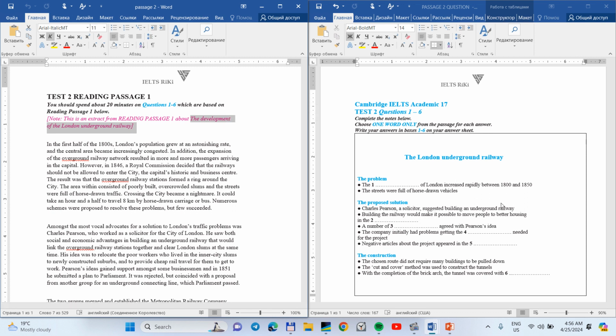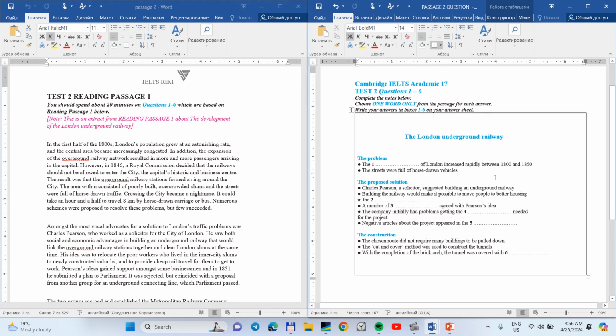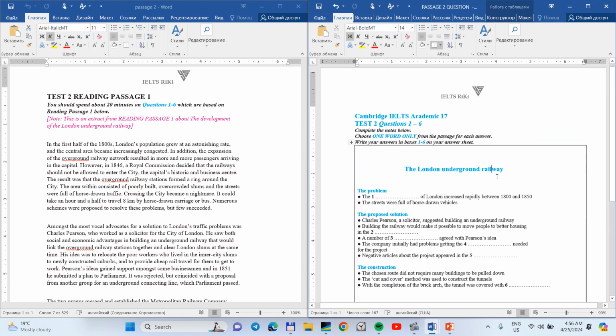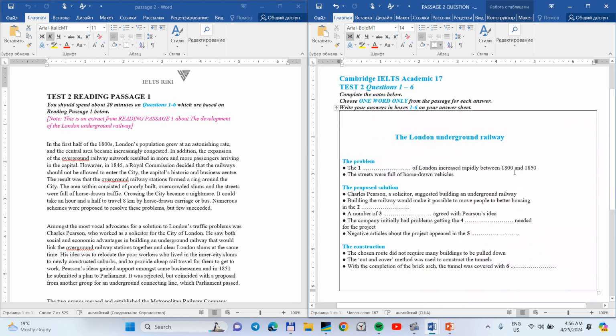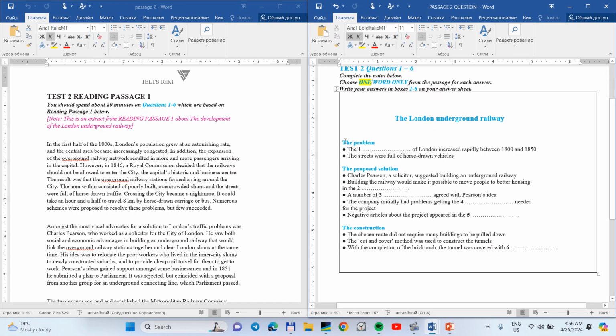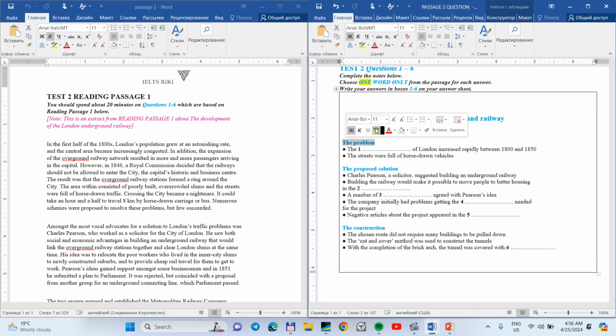Yeah, and then we can underline keywords in the passage section. So the first one: we have to write only one word. The problems here, we're talking about problems.